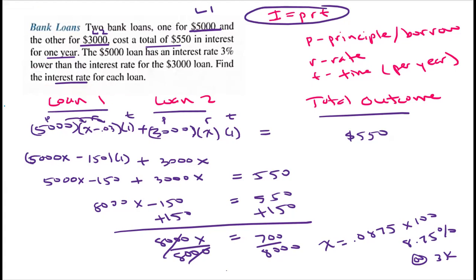So that's 8.75 minus 3%, which gives us 5.75% at the 5K or 5,000 amount. So 3K representing 3,000, 5K representing 5,000.